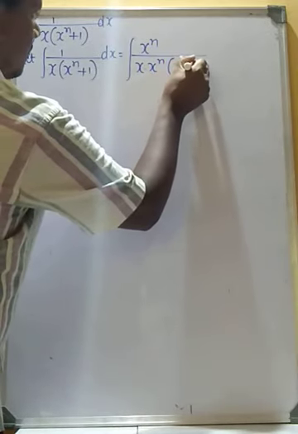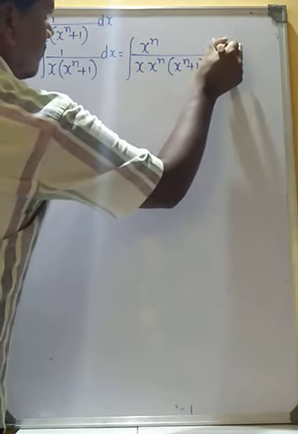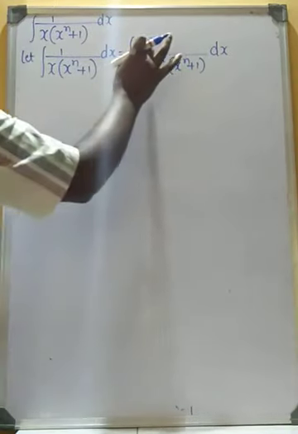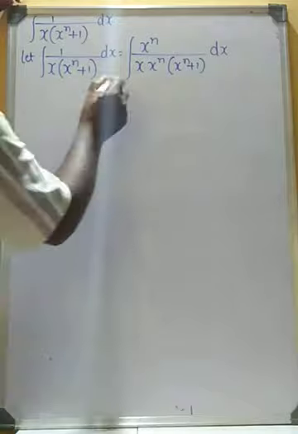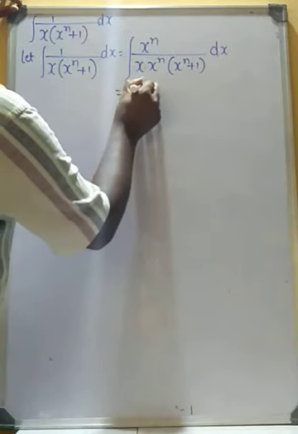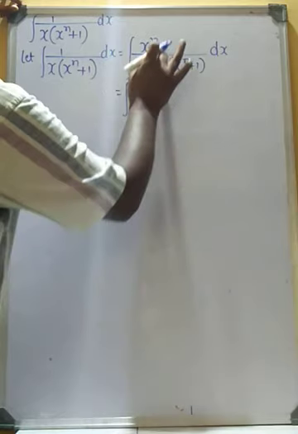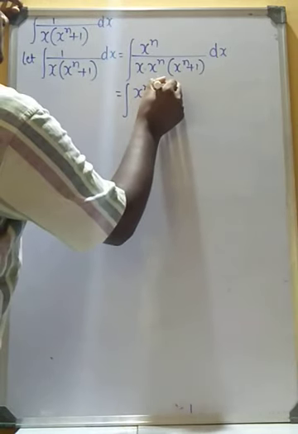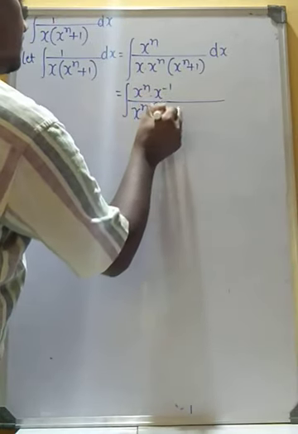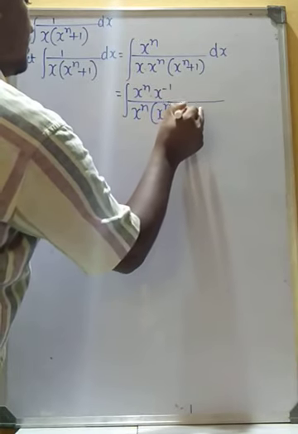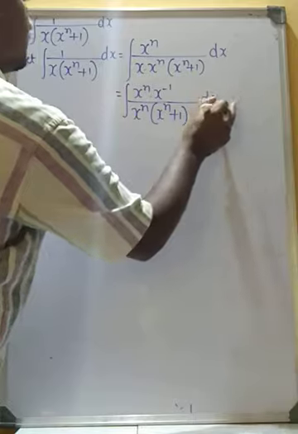The denominator x goes to the numerator, that is x to the power of minus 1, dividing by x to the power of n into x to the power of n plus 1 into dx.